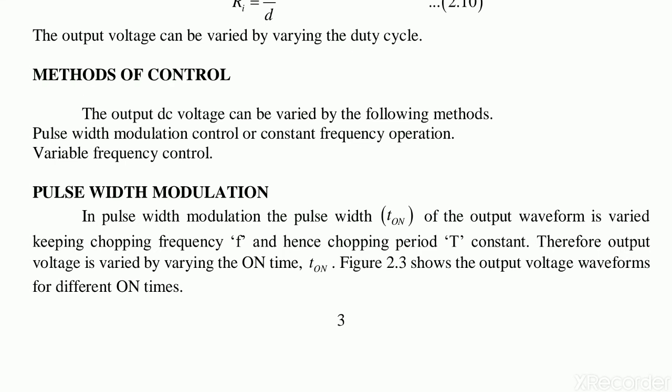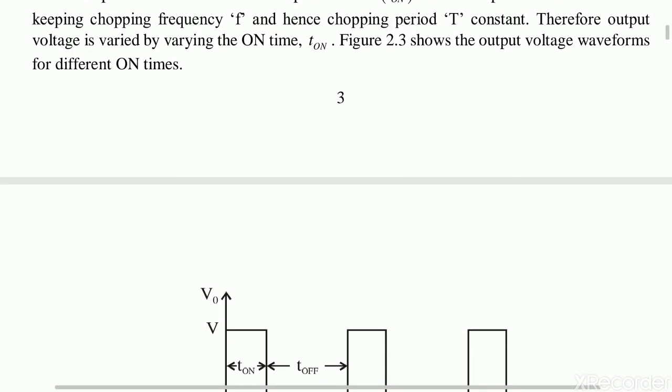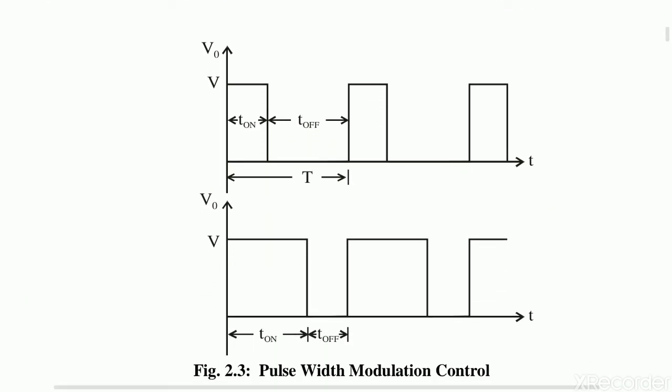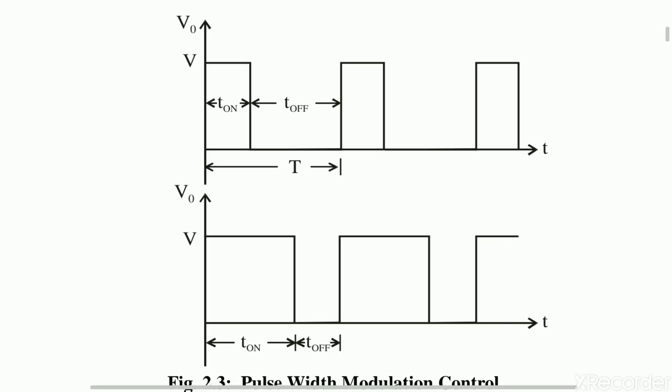So one can see how this output voltage can be varied by changing the T on period. This figure shows the waveforms of pulse width modulation control.